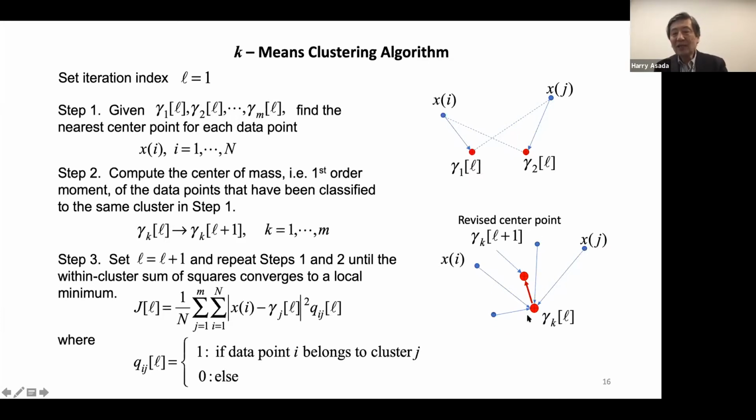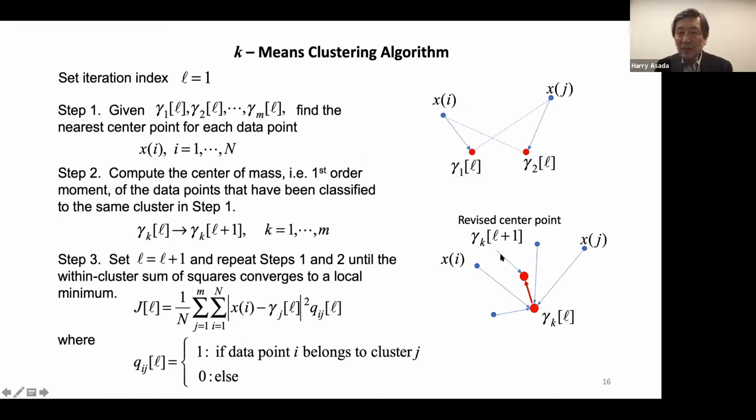That said, even though this one was originally the center, this new center may be a better point, closer to this group of points, right? So in step 2, we update the center point from gamma_k^l to gamma_k^(l+1). So we move this one here.